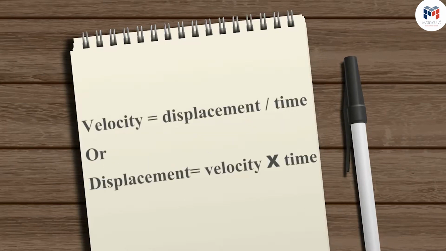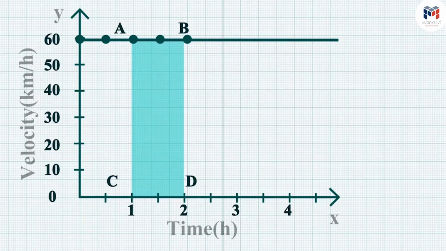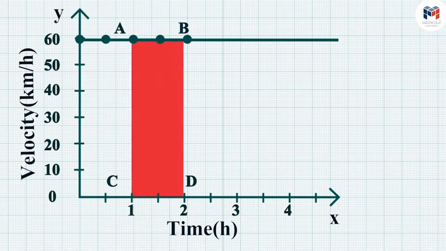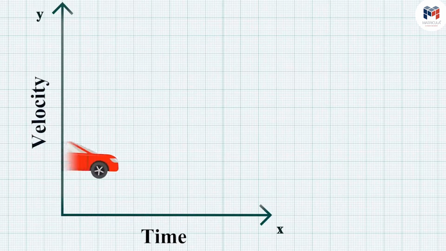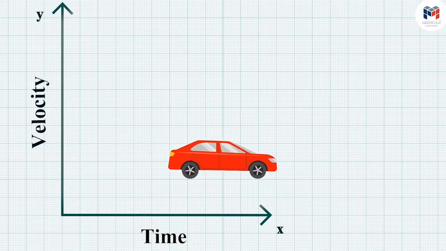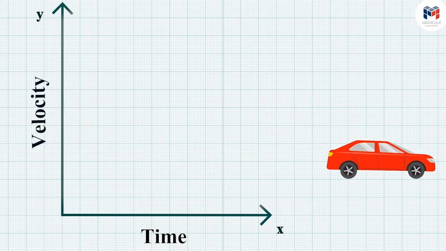That is, velocity is equal to displacement upon time, or displacement is equal to velocity multiplied by time. Hence, the area enclosed by the velocity time graph and the time axis is equal to the magnitude of the displacement. As the car is moving in a single direction, the magnitude of displacement is equal to distance covered.